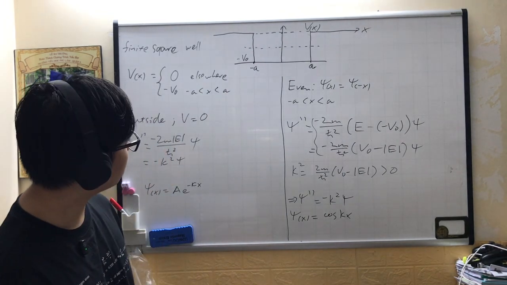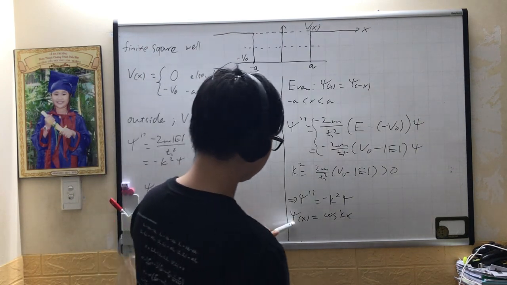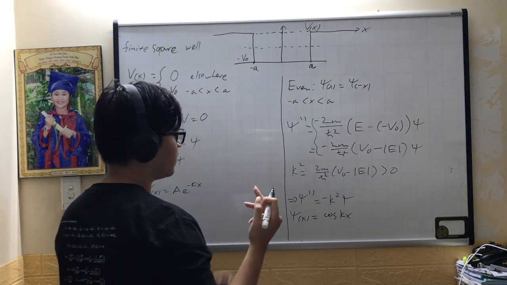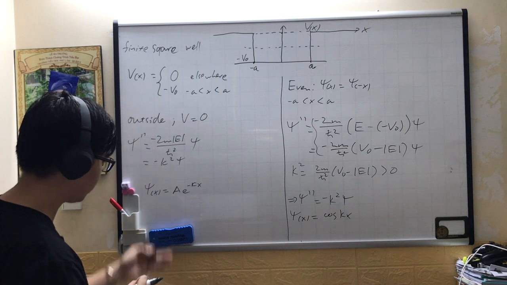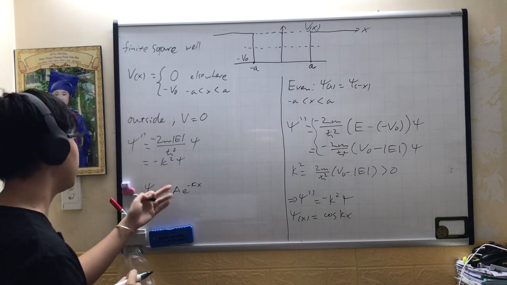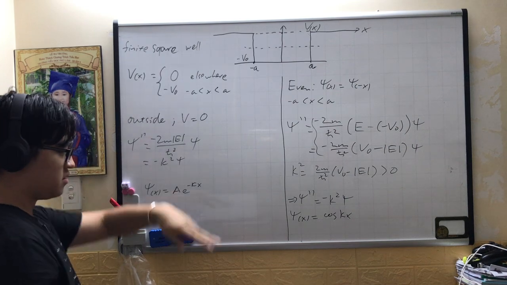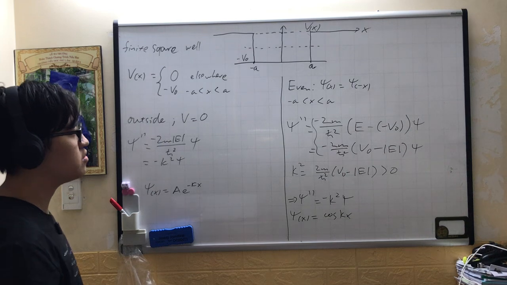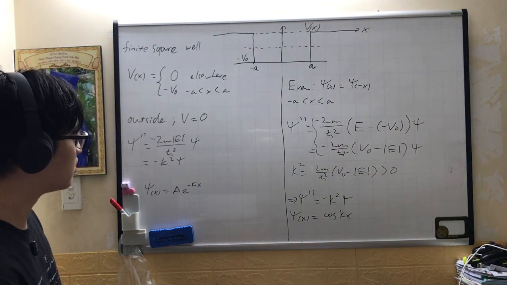And for the odd solution, as I said, your psi inside would be a function of sine, and the outside would be the exact same decay function, maybe with another coefficient. So you can probably do that on your own. It is not that hard.